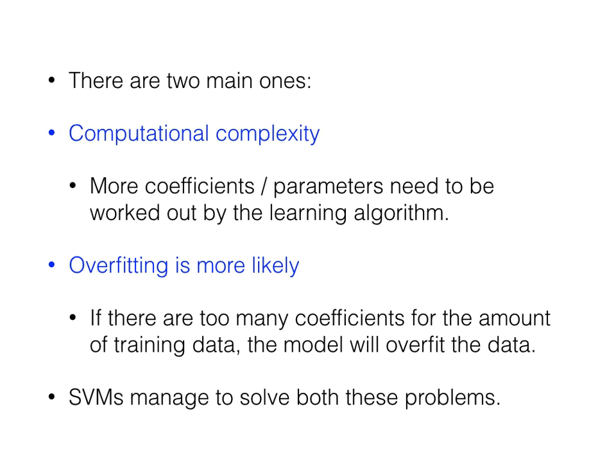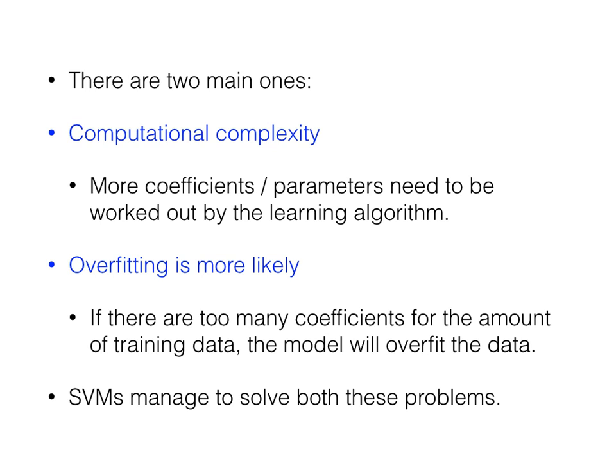Because we've got more coefficients or parameters, it's going to be much more computationally difficult for the learning algorithm to work them out. And if there are too many coefficients for the amount of training data, then we run into our old mate, overfitting.